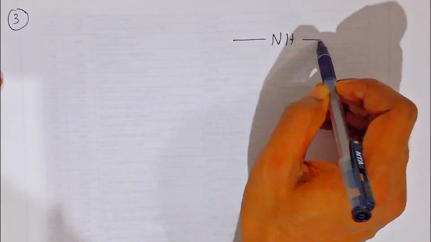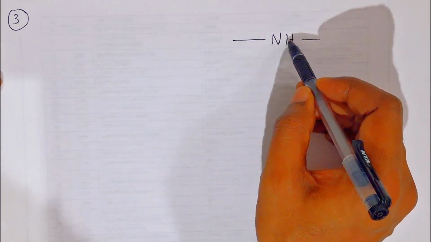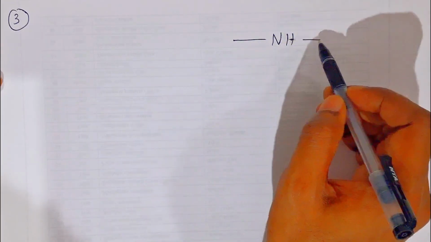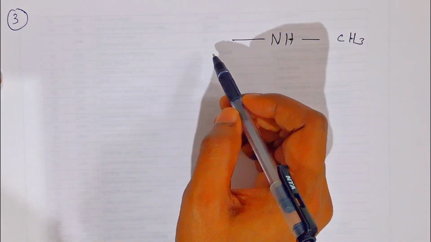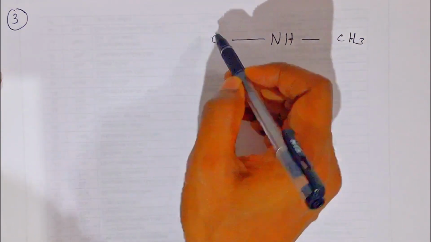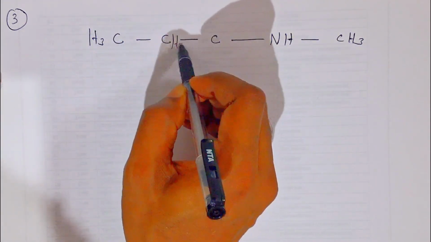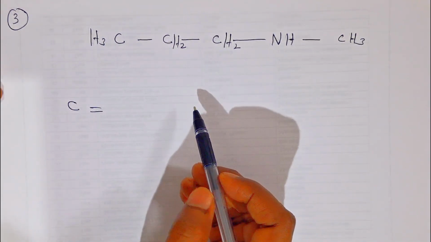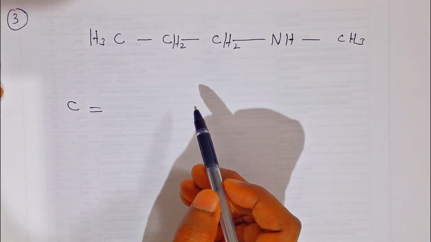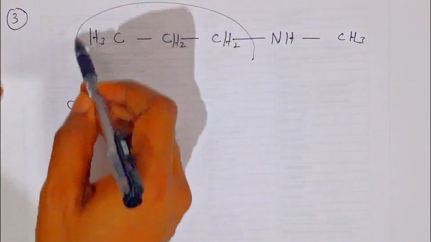Again students, you have secondary amines. So this nitrogen will always have one hydrogen. Now one valency is taken by a methyl group, and the other valency by propyl, CH3 CH2 CH2. Okay students, so what will be the common name? Here you have two types of alkyl.